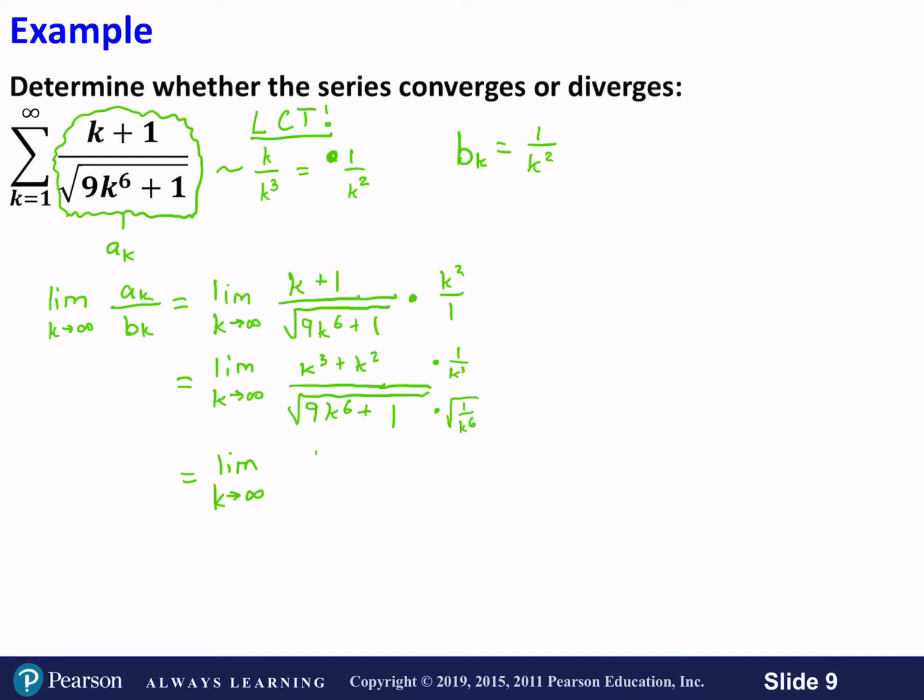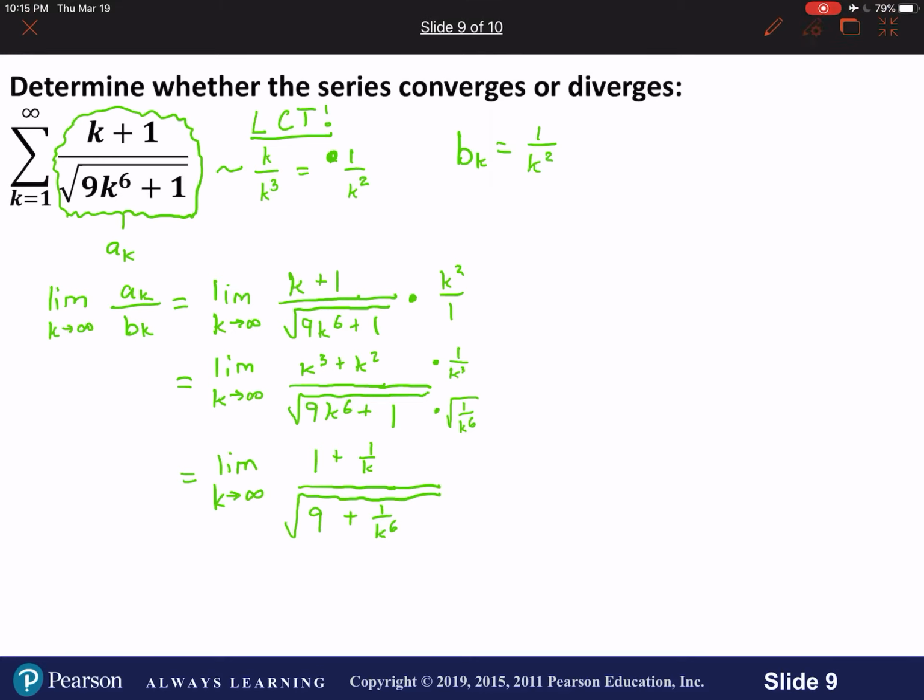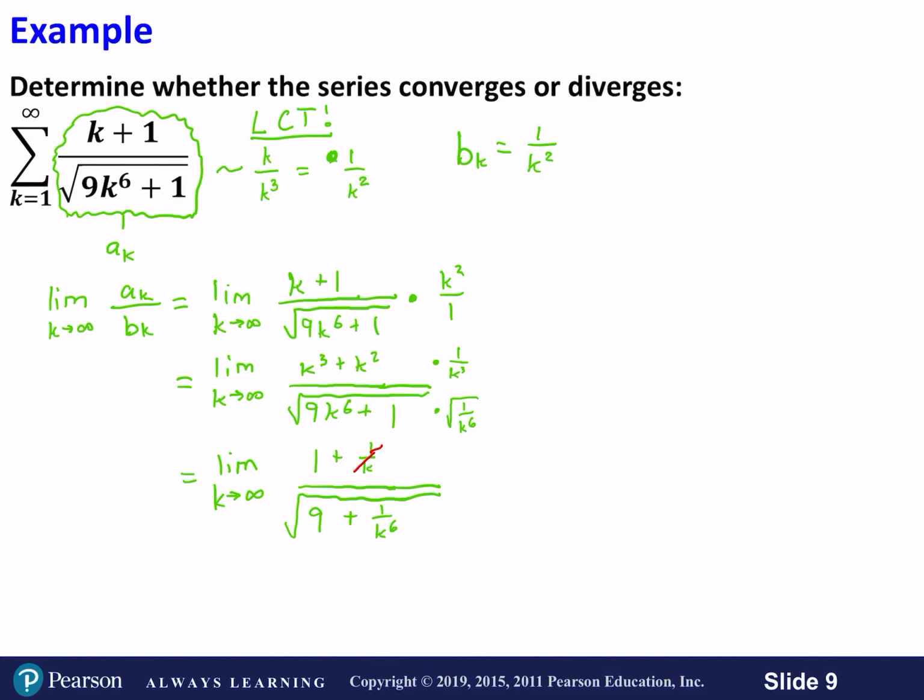So in the top, we get 1 plus 1 over k. In the bottom, we get the square root of 9 plus 1 over k to the 6th. The limit of 1 over k is 0. The limit of 1 over k to the 6th is 0.